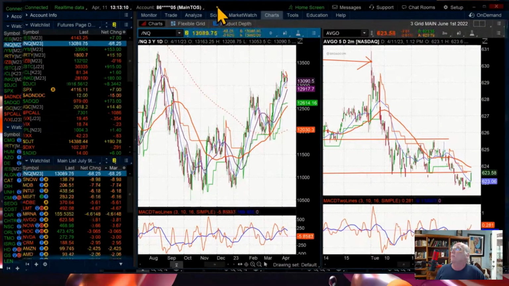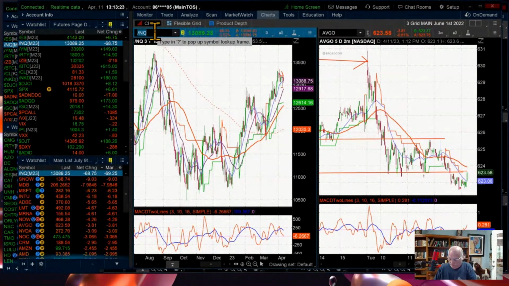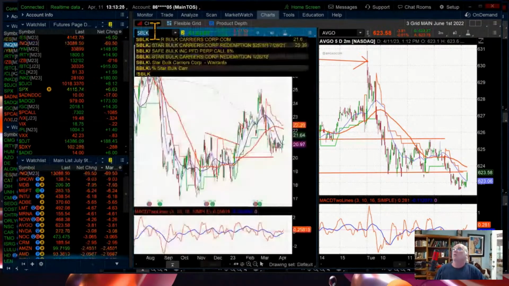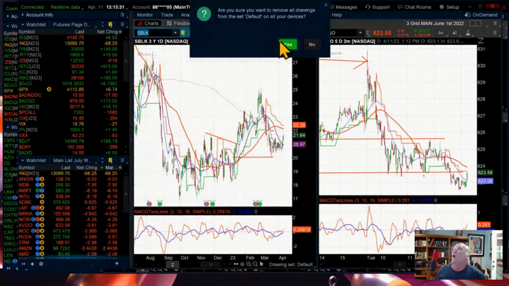So let's go into some of the other ones that I've seen with zones. So I showed you an ultra short-term chart in Broadcom. So what other ones can you do? Well, you can go into this. Star Bulk. Oh, where's that zone? Well, it's opposite of Broadcom.